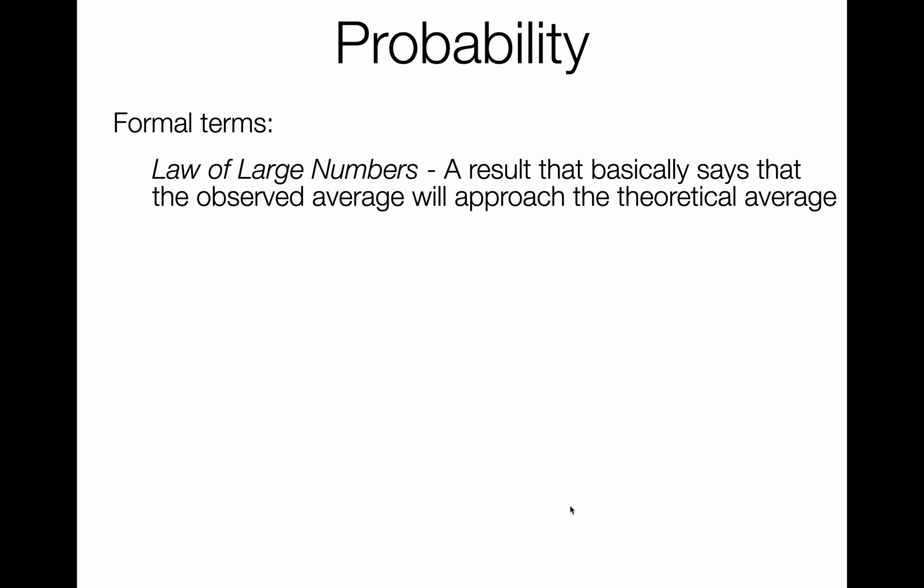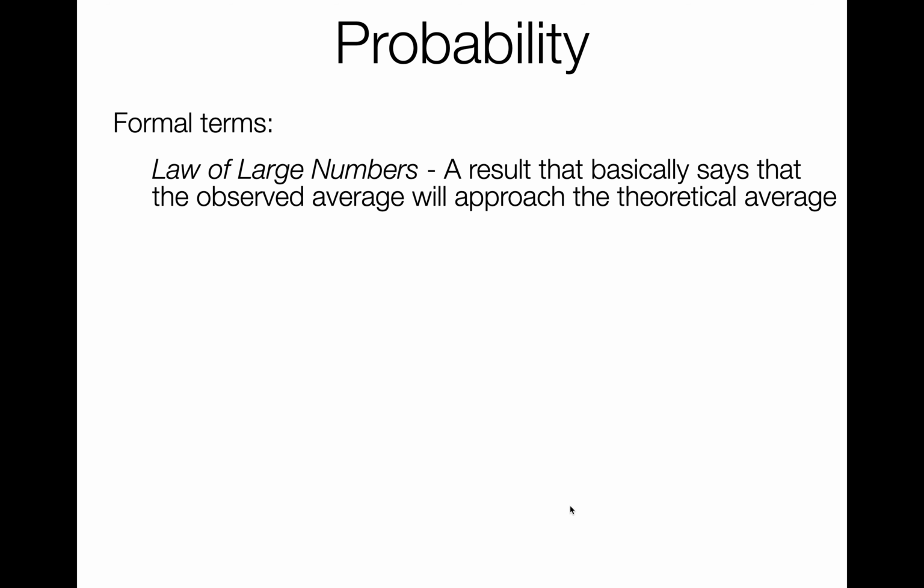Hopefully, as I do that more and more, it's going to get close to the theoretical average, which is what governs the process of flipping the coin. Okay? And how does the coin act in a theoretical way? Meaning, theoretically, how often will it flip heads and tails in this case?